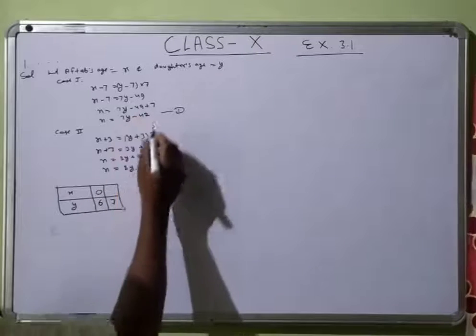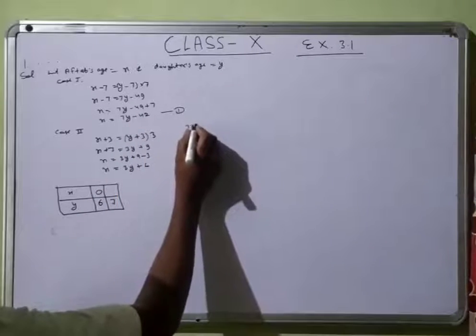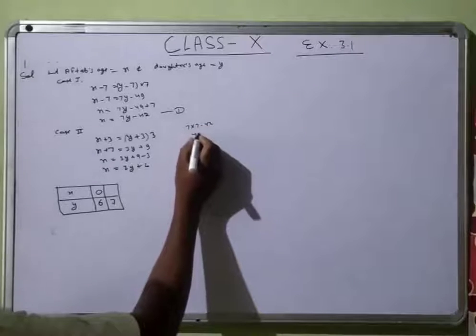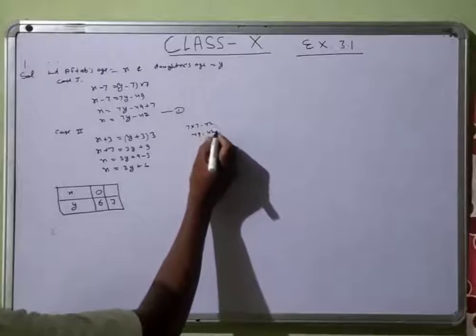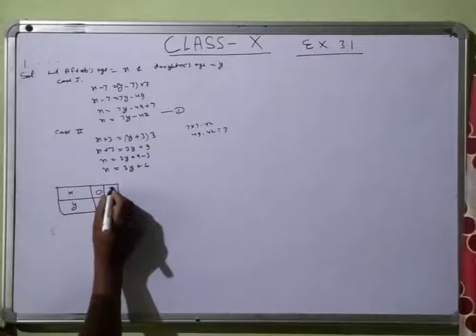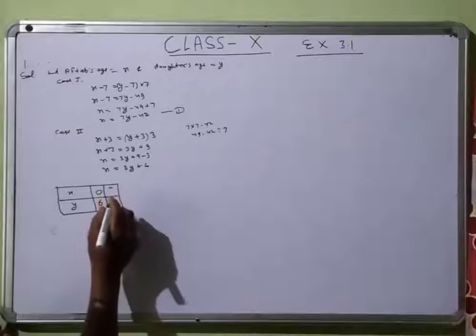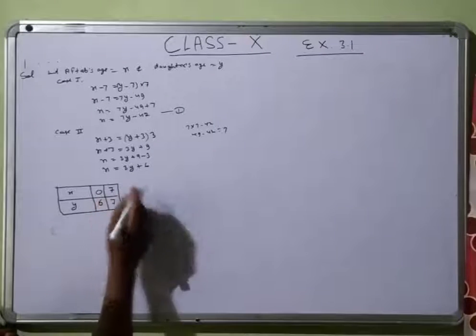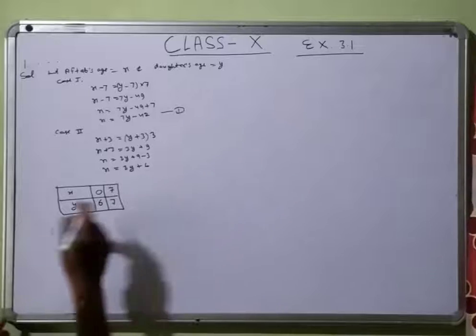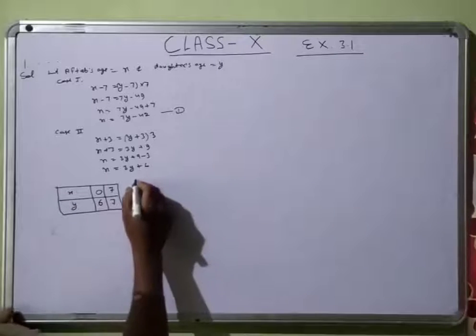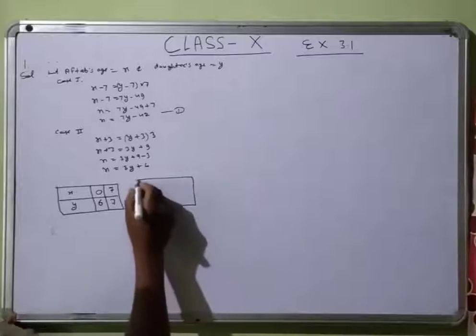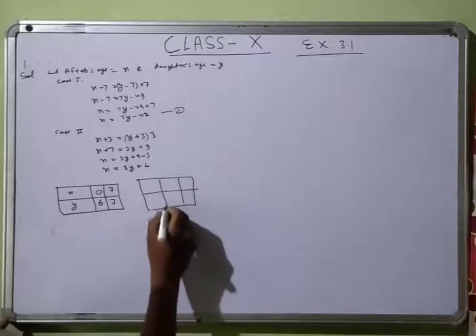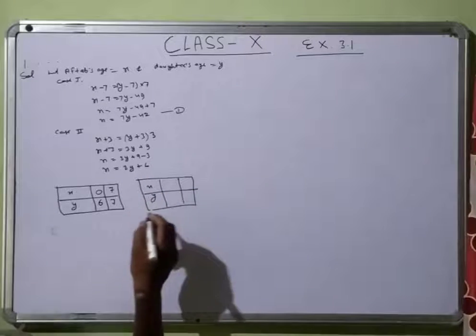Similarly here also, 7 multiply 7 minus 42, 7 times 7 is 49, minus 42 is equal to 7. So that value will be 7. This is for the first equation. Then for the second equation, x, y.